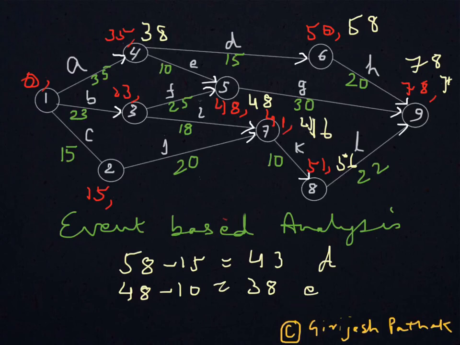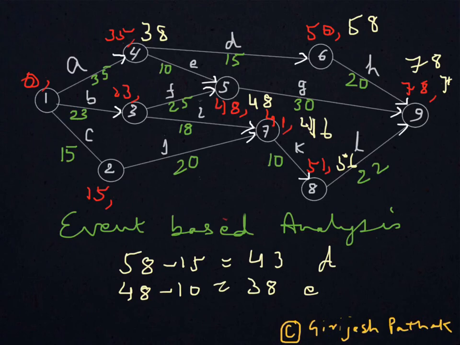So now we have done for 4. Similarly, if we do for node number 3, then here again two arrows are starting from this node, so you need 48 minus 25, so that is 23, and from this side 46 minus 18.